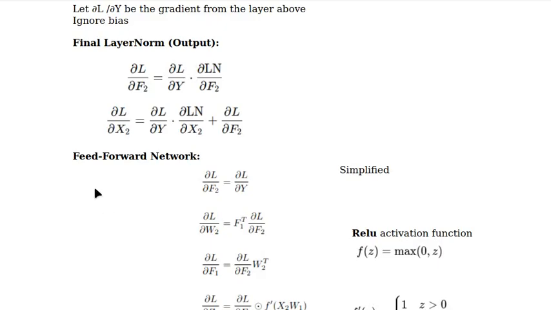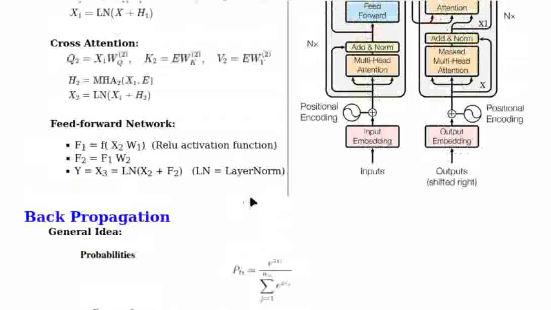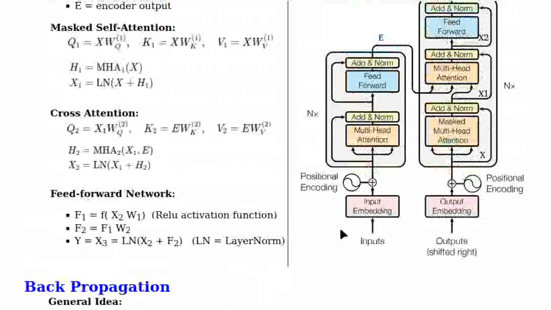Next is the feedforward network. We need to calculate the output gradient in order to calculate the weight gradients. Now remember, our output is F2, which is equal to F1 W2. Okay, so this guy here.